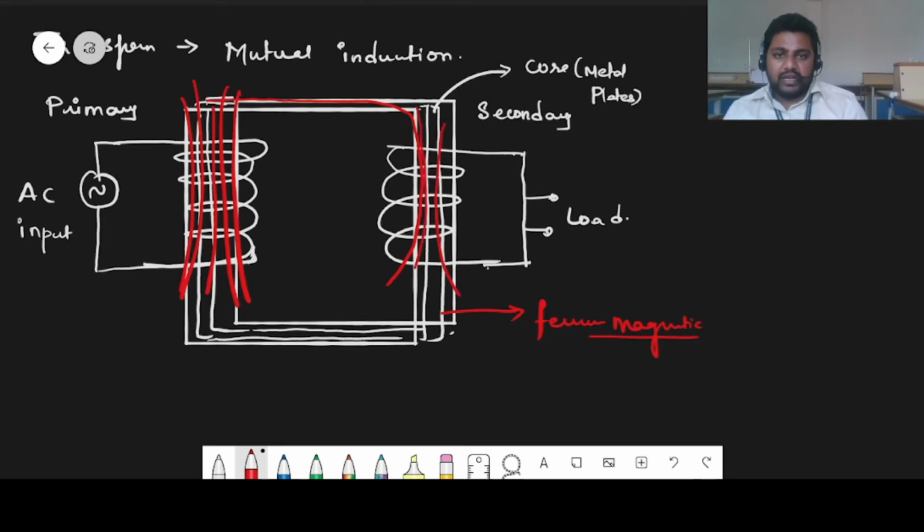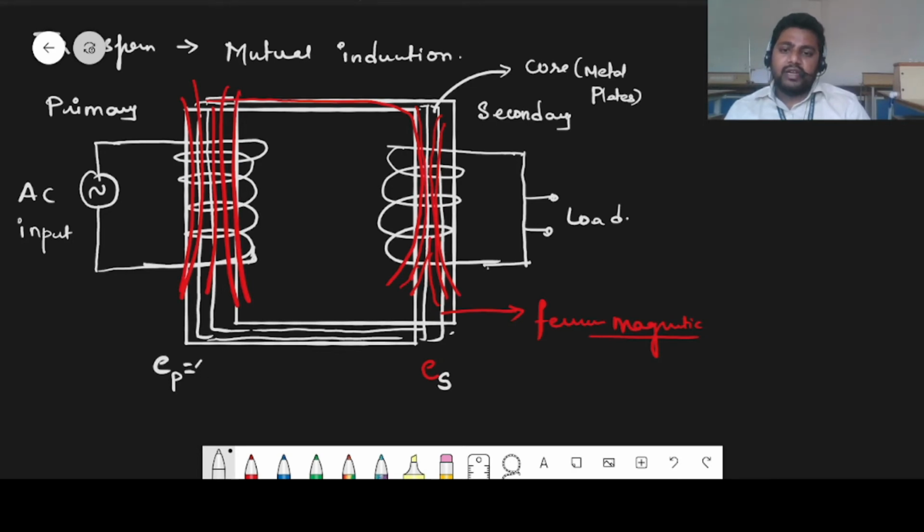Now when there is a continuous alternating current, the magnetic field also will be continuously alternating. That means this secondary coil is being placed in a continuously changing magnetic field. That will give you an induced EMF. Let's say EMF in the secondary coil is ES, EMF in the primary coil is EP.